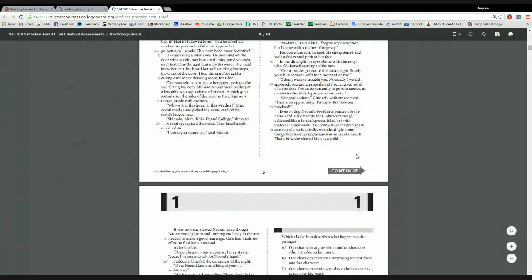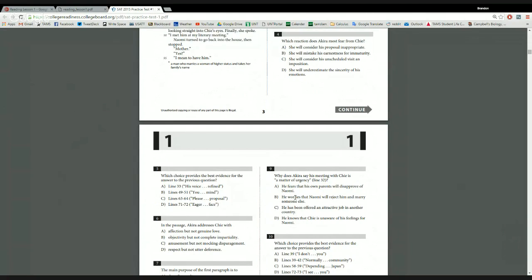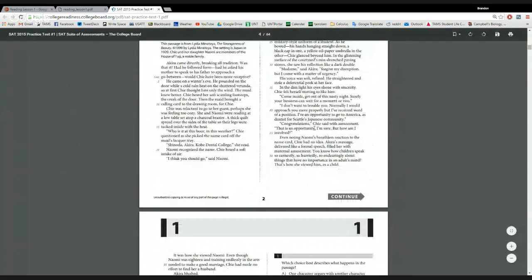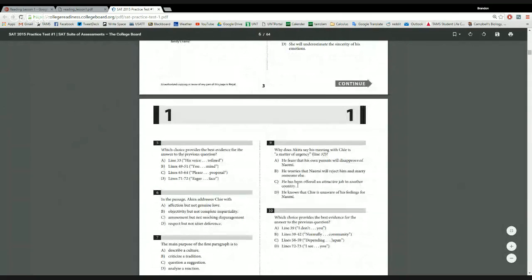So, as you can see, this answer choice does not occur in the text, so it's incorrect. And B, he worries that Naomi will reject him and marry someone else. That is not the case because it is not in the text. C, he has been offered an attractive job in another country. That is exactly what we just read above, as he said he would be going to America as a dentist for Seattle's Japanese community. So that is the correct answer. Number 9 is C.